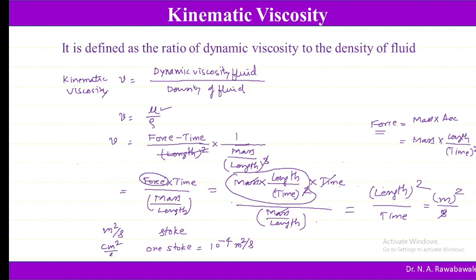So centimeter square per second is equal to one stokes, and one stokes is equal to 10 to the power of minus 4 meter square per second. So this is about kinematic viscosity.